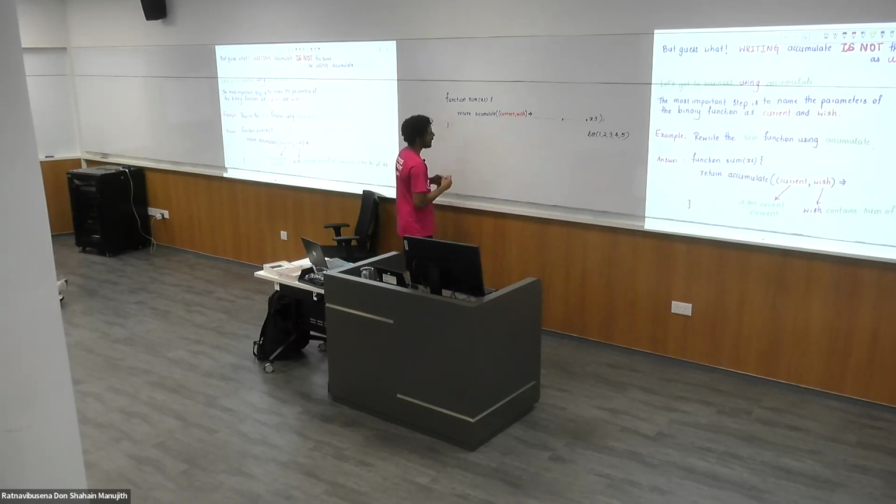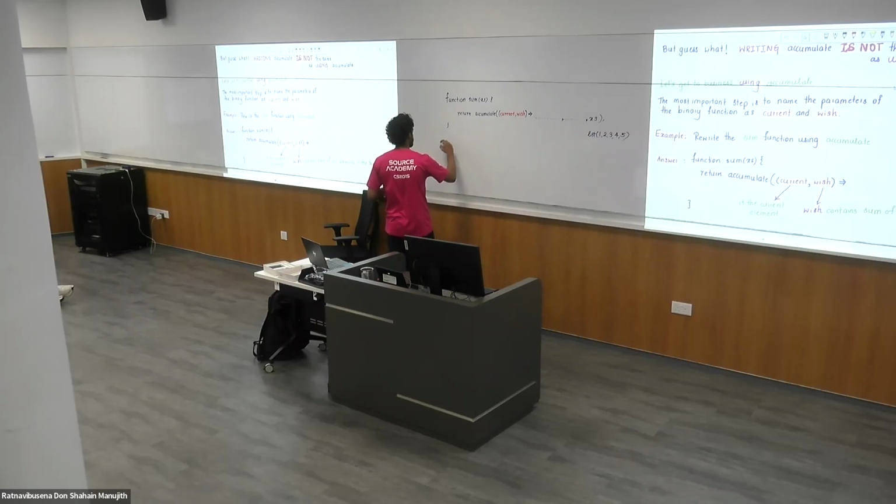Okay, so why did I actually rename the parameters of the binary function as current and wish? In wishful thinking, I think I might just show you the sum function that we did previously.